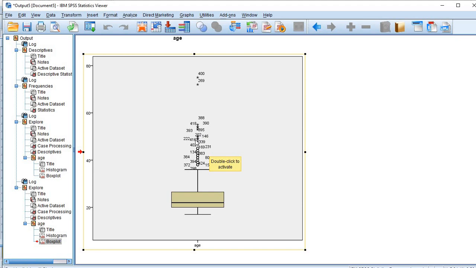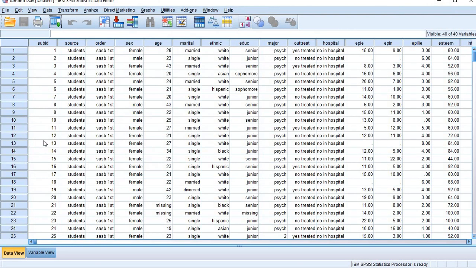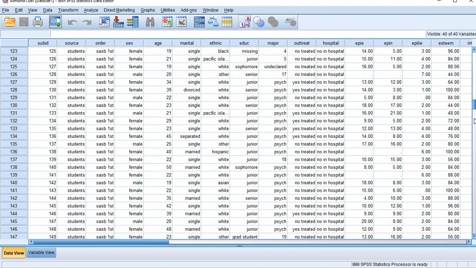Now again, realize there is a number. Like this one is 400, this is 269. This is the number of that particular observation. So you can simply come to the data set and look for observation 400. So observation 400 is actually an outlier.